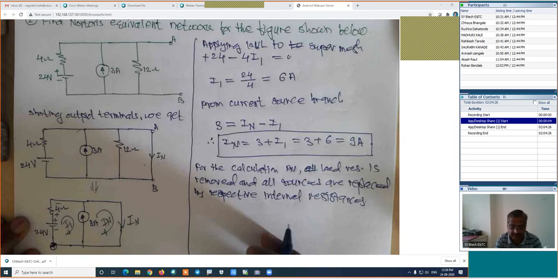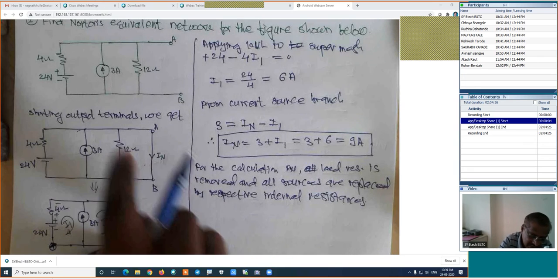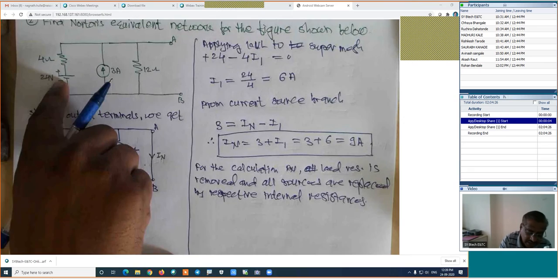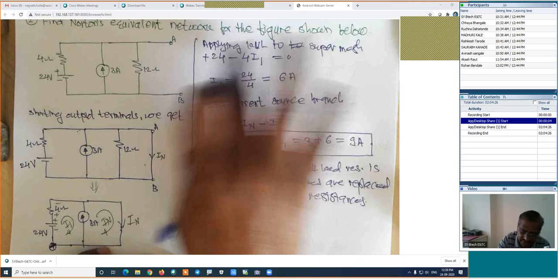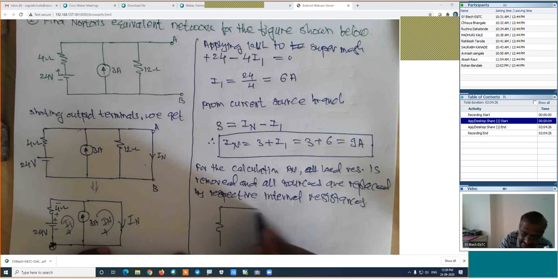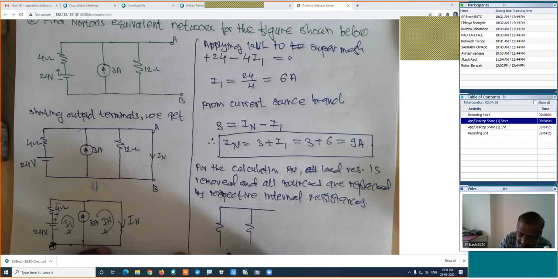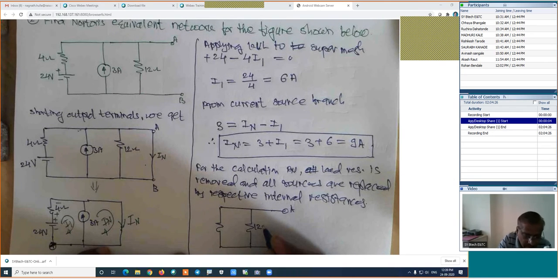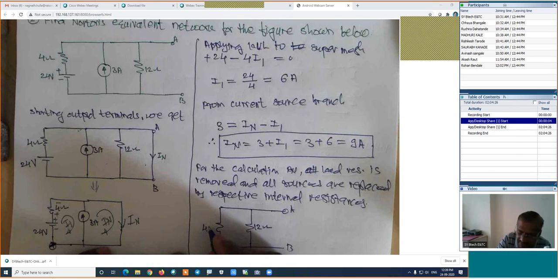How is the figure for this calculation? The current source is replaced by an open circuit. The voltage source is replaced by a short circuit. Already the load resistance is removed. Here is one branch, and this will be the other branch. This is point A, this is point B. This value is 12 ohm, and this value is 4 ohm.